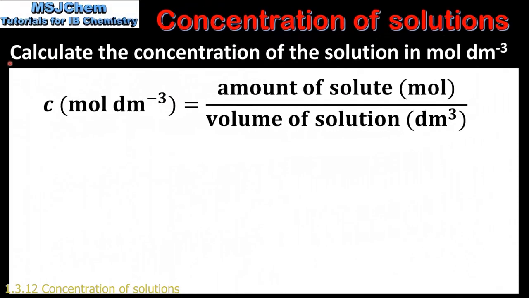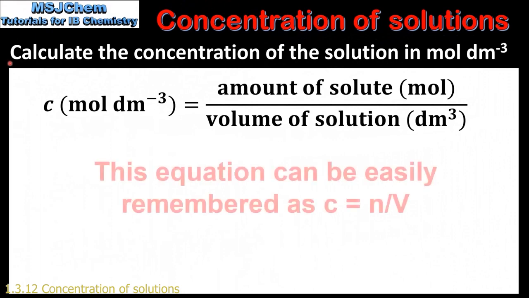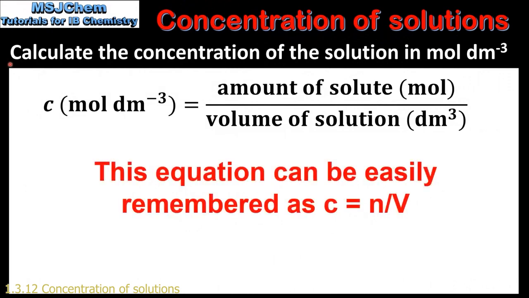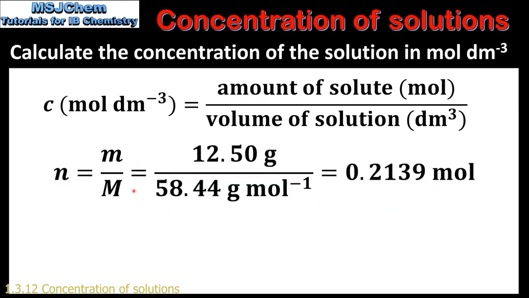So next we'll calculate the concentration of the same solution, but this time in moles per cubic decimeter. To do this, we divide the amount of solute in moles by the volume of the solution in cubic decimeters. So the first step is to convert from mass in grams to amount in moles.